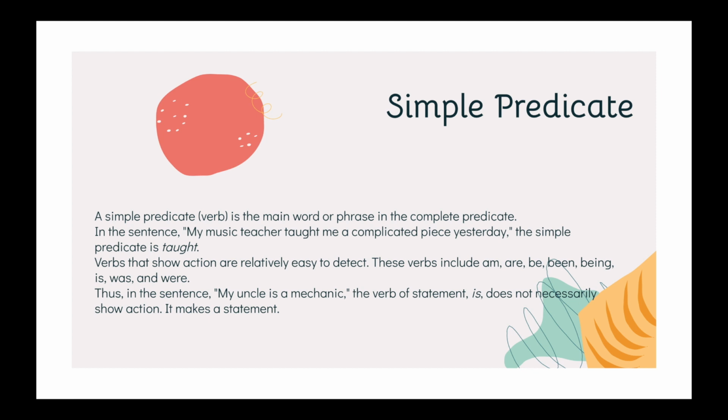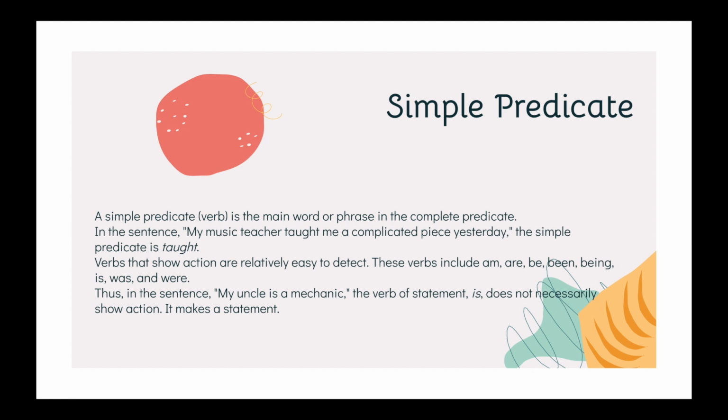Now we talk about predicate. The simple predicate is similar to the idea of predicate in Indonesian, which is a verb. A simple predicate, or a verb, is the main word or phrase in a complete predicate. But later we'll talk about how this is just the simple one, not the complete one.